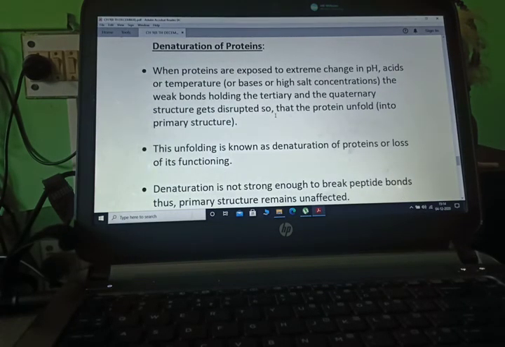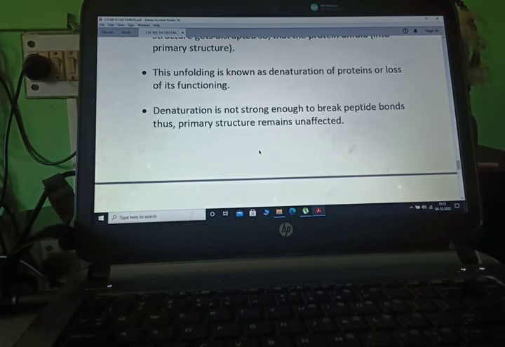Now, denaturation of proteins. When proteins are exposed to extreme changes in pH, acids or temperature, the weak bonds holding the tertiary and quaternary structure get disrupted so that the protein unfolds into primary structure. This unfolding is known as denaturation of protein, or loss of its functioning.